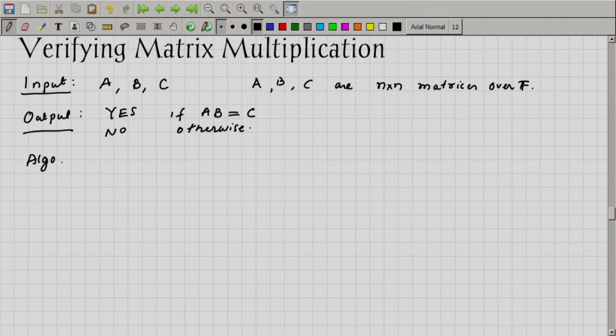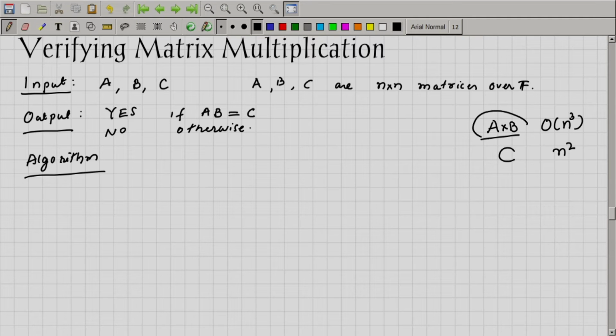Let us think of an algorithm to do this. We could simply multiply the matrices A and B and then compare it with the matrix C. If we do a naive multiplication, we will require n cube steps, and then comparing with C takes n square steps. So, the running time of this deterministic algorithm is bounded by O(n cube).